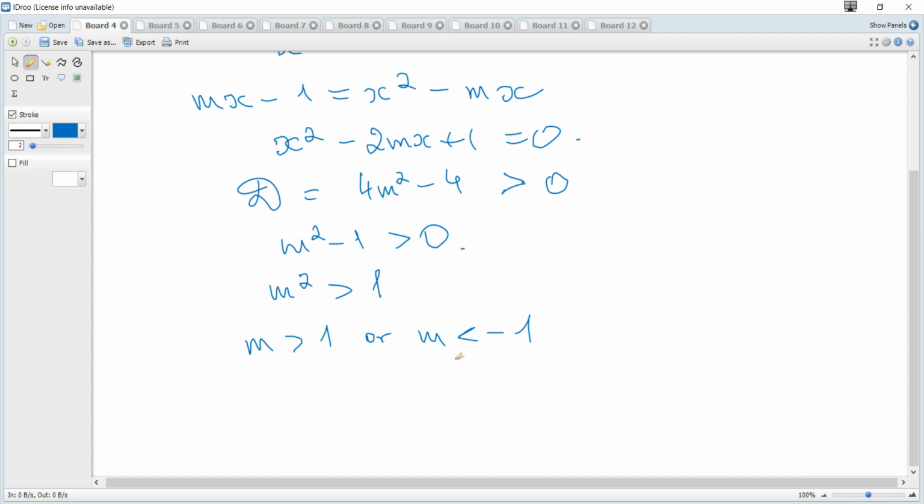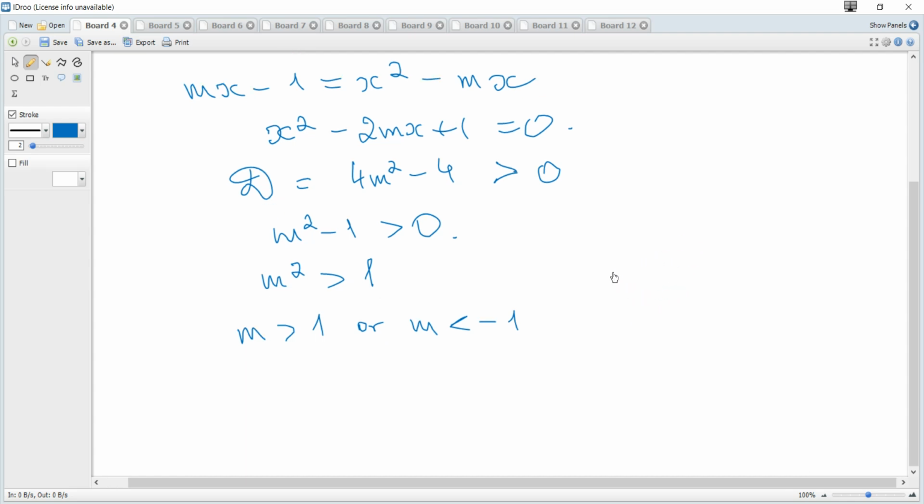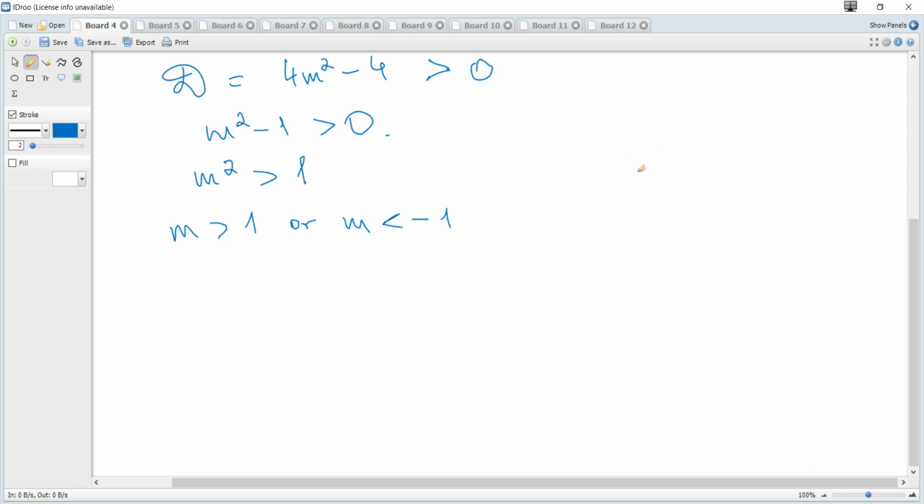So it's quite clear. Or in general, we can solve a quadratic inequality with the aid of a parabola, with the aid of the graph, and you need roots.